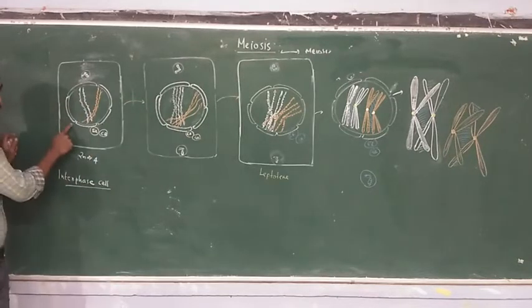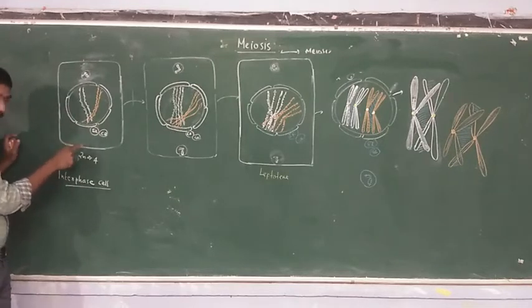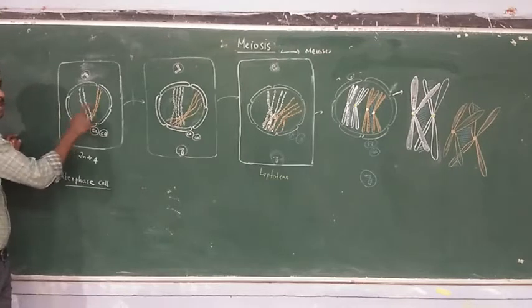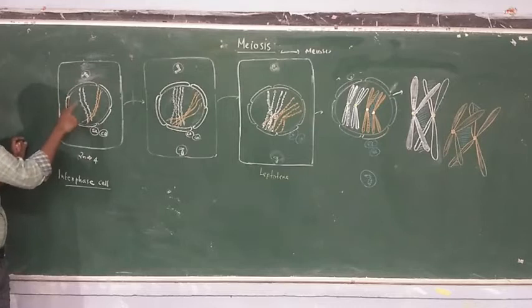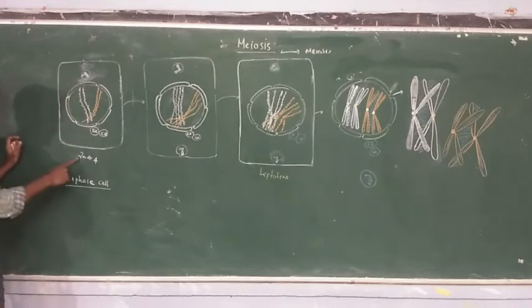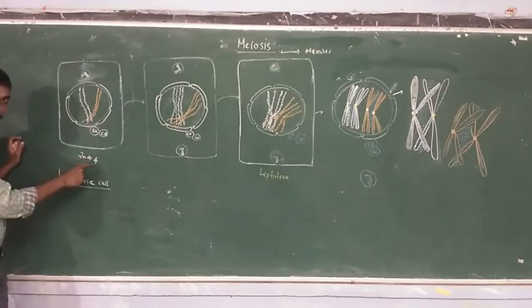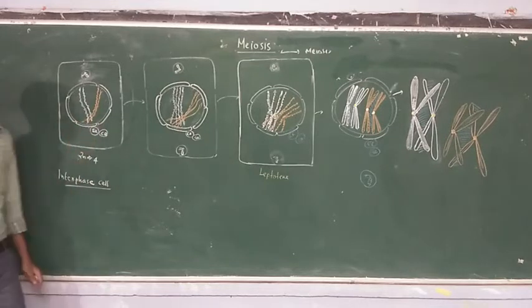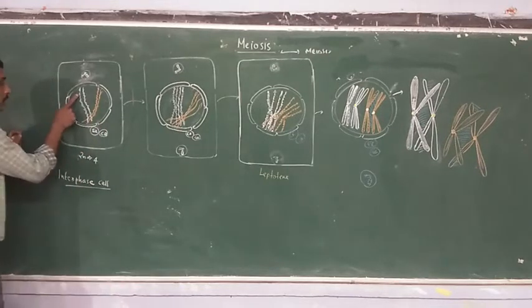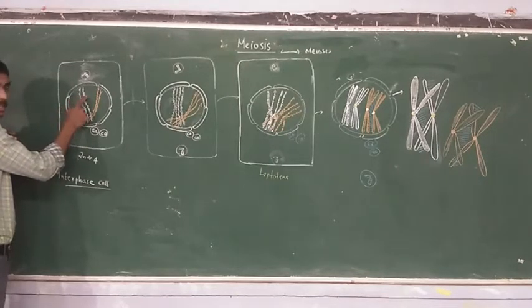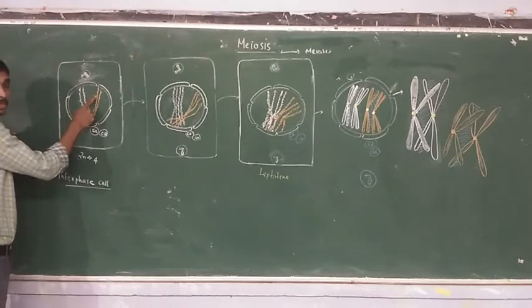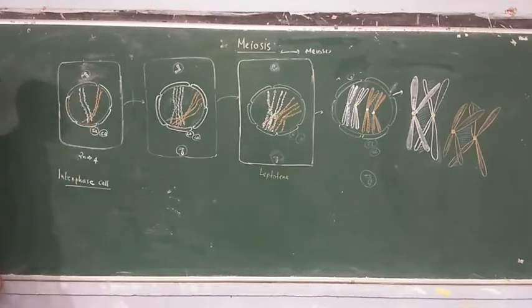That interphase cell contains two pairs of DNA, that is chromatin reticulum or chromatin thread. It is a long thread of DNA. So here 2n is equal to 4. It contains two pairs of DNA. And we know that one DNA, or one chromatin network, comes from the father and one from the mother. Like that, this one comes from the father and this one comes from the mother.